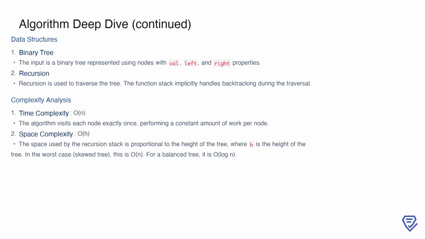In terms of complexity, the algorithm has a time complexity of O(n), as each node is visited exactly once, and a constant amount of work is done per node. The space complexity depends on the height of the tree. For a balanced tree, the recursion stack will use O(log n) space. However, in the worst case, such as with a skewed tree, the space complexity becomes O(n). This makes the algorithm efficient for both traversal and pruning, even for large trees.